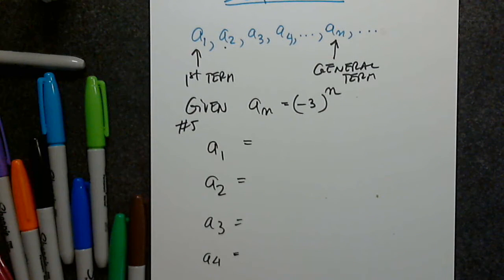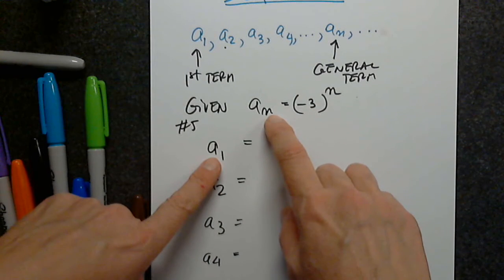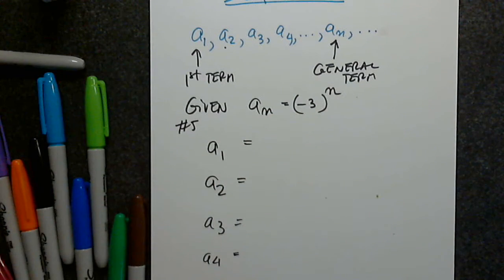What does this mean? What do I have to do with the general term to find A1? I plug in what? What do you think? Compare A sub n with A1. 1, right? So this will be -3.